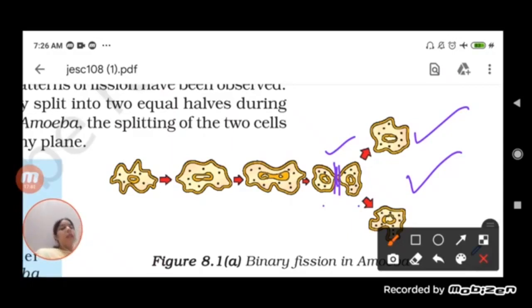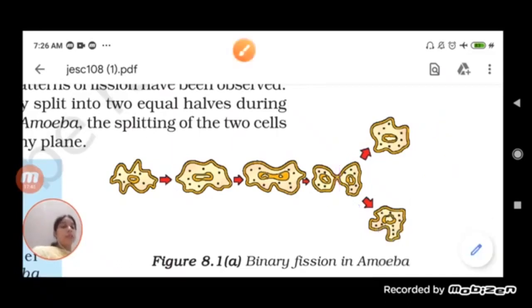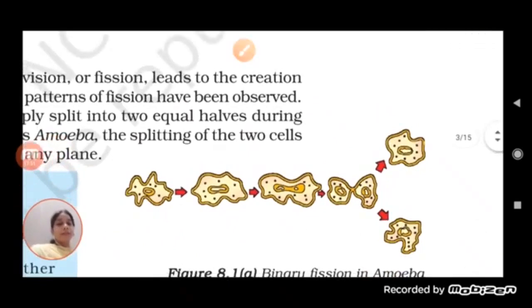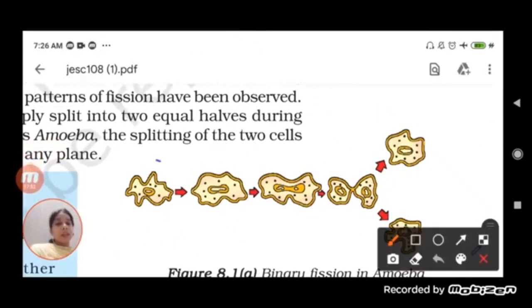Now here one more thing that I want to explain, students. This is the first one. It means this is the parent amoeba. This amoeba grows.